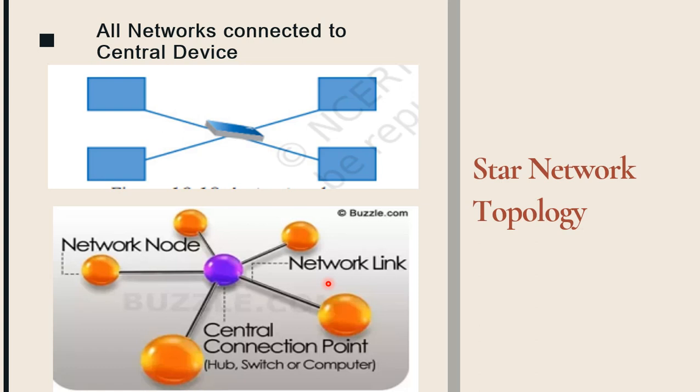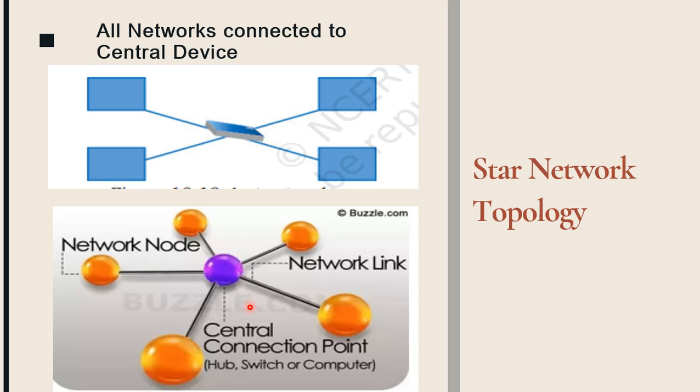There are some disadvantages I would like to mention here. The network operation depends on the functioning of the central hub. Hence, central hub failure leads to the failure of the entire network. So in this star network topology, the central hub plays a pivotal, important role for the continuity of the connection.